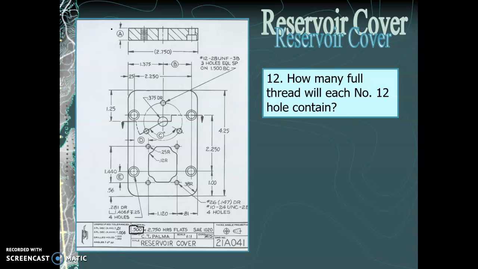So the thickness is 0.500 inches. And if the hole here is 28 threads per inch, TPI, and the depth of the hole is only 1/2 inch, that means there are 14 threads in that hole.